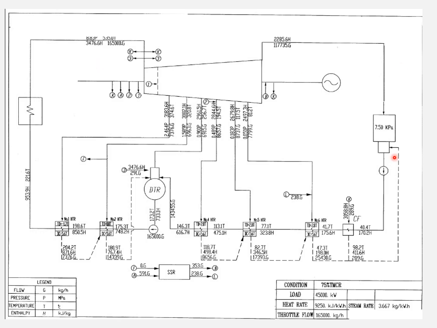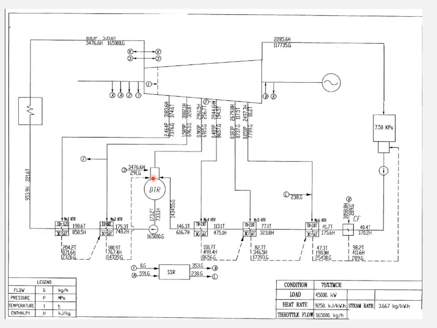If you want to understand in more detail: HTR number 1, number 2, number 3, number 5 and number 6, and the generator, along with the key differences and their impact on plant efficiency.